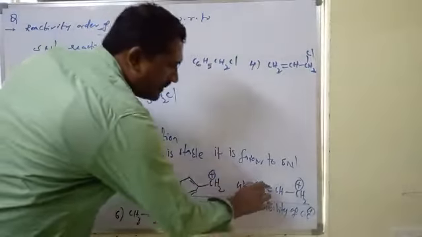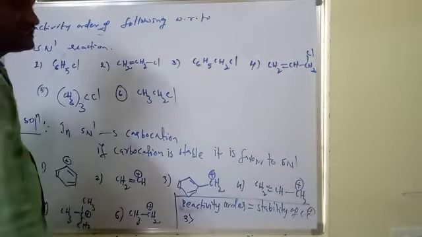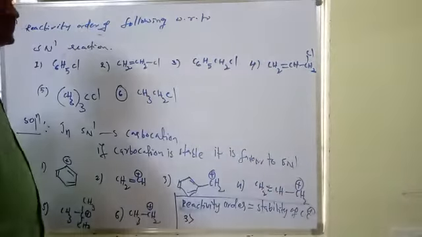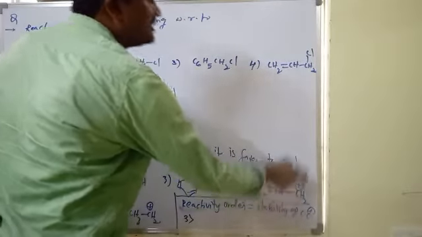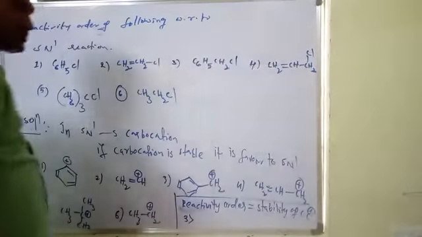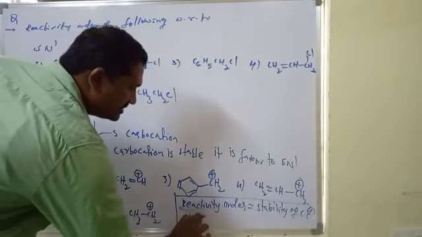Next, the second one has pi-sigma-positive conjugation again; this is the allyl carbocation. It is the second most stable, so allyl chloride is the second most reactive.